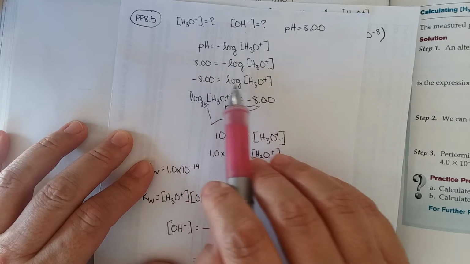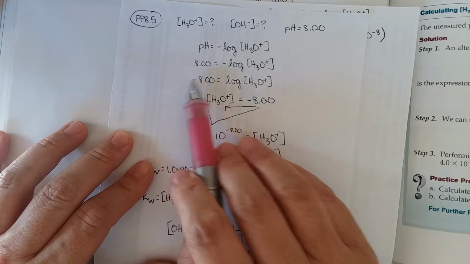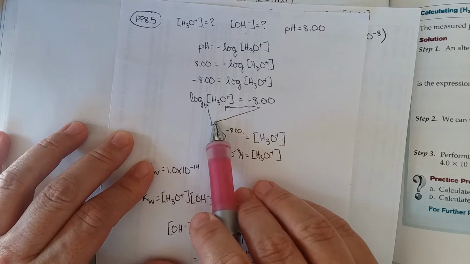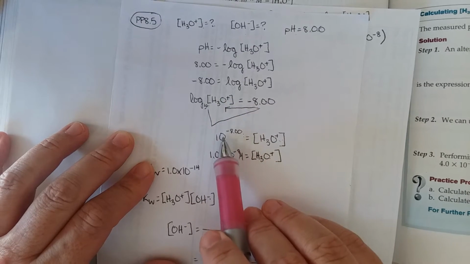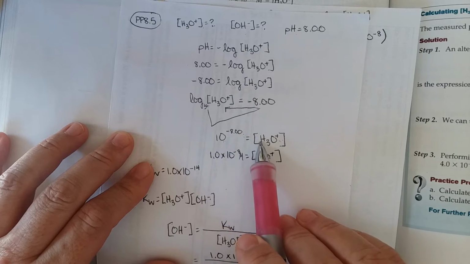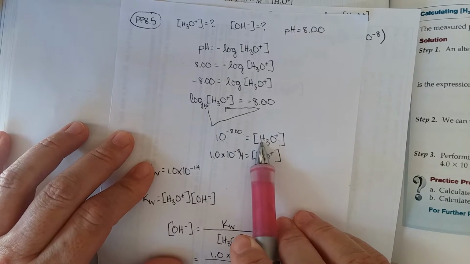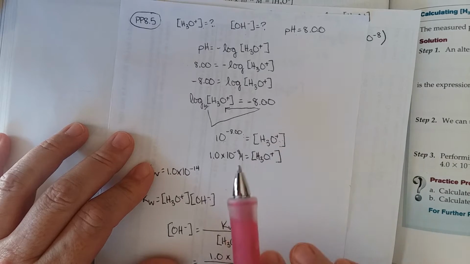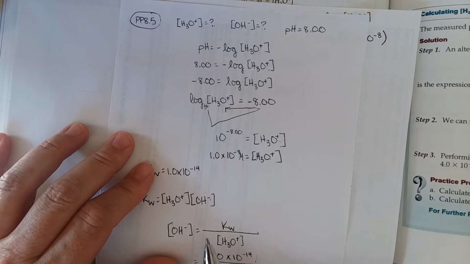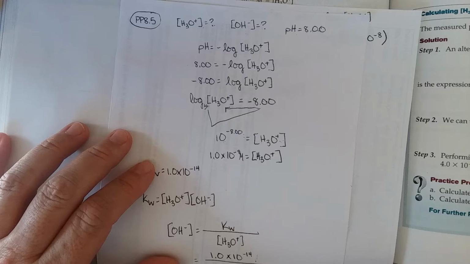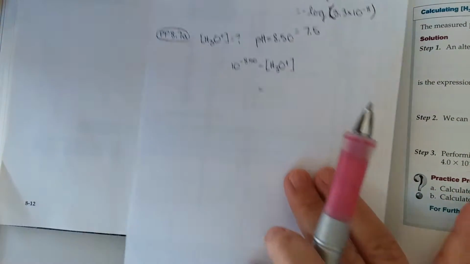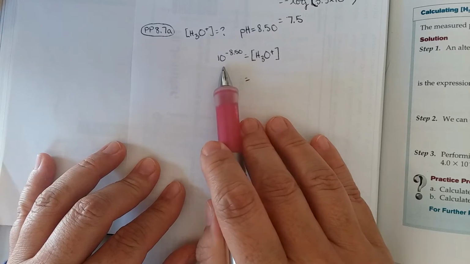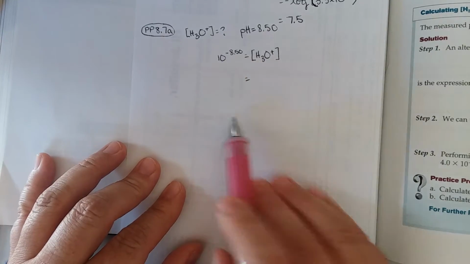And then we can talk about it like antilog, or we can think about it like back in college algebra, and we came to the conclusion that 10 raised to some power equals the hydronium ion concentration, which is what you see when you go to the calculator and you type in the antilog, or you hit second log to get the antilog. So now that we've learned that, let's just go ahead and set it up this way, because I think this looks way less intimidating.